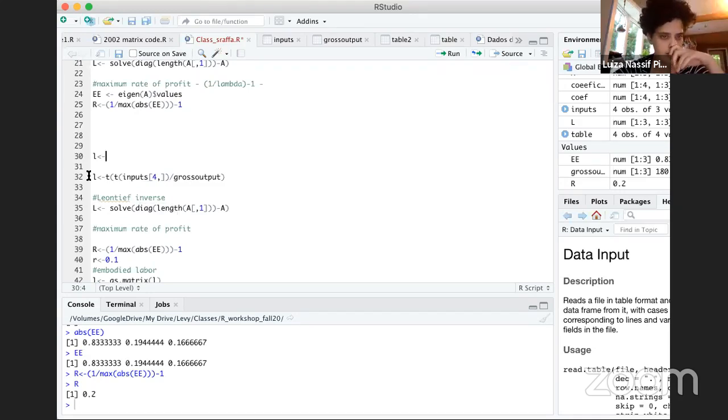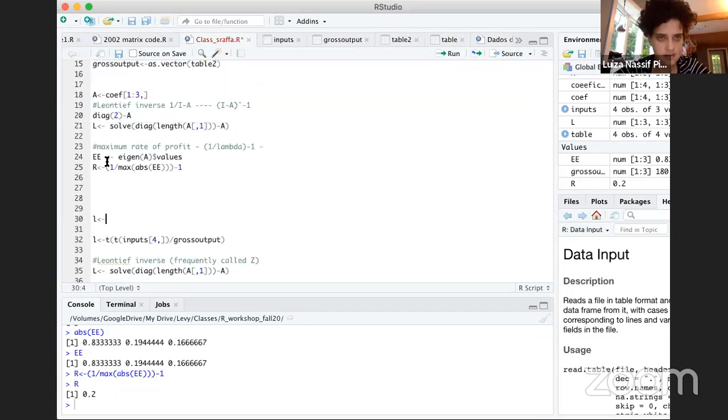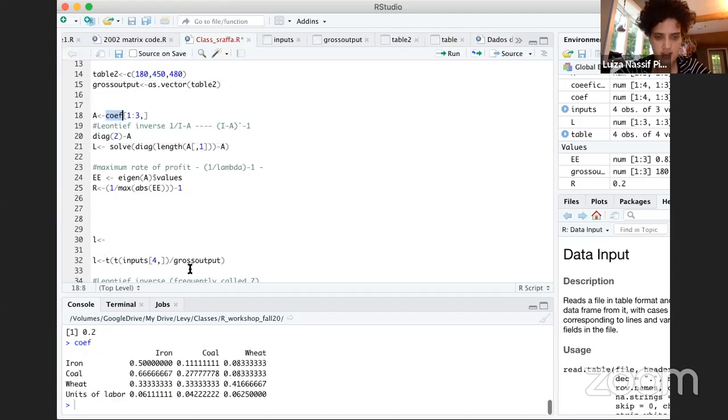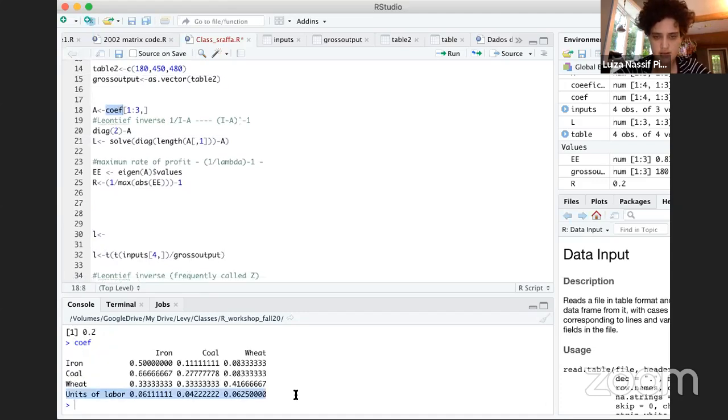So I think I'm overall following his notation. It might be that the Leontief inverse is quite frequently called Z as well. And that avoids confusion with the small l, which is your labor coefficient vector, okay? So my small l is just, if I go back to my coef table, this row here, right?